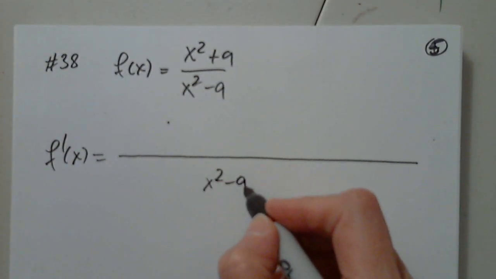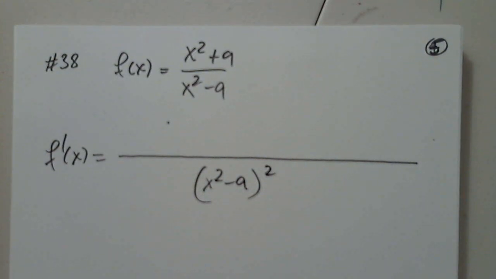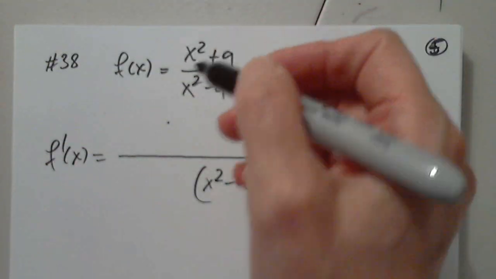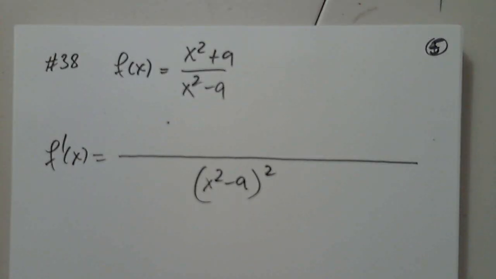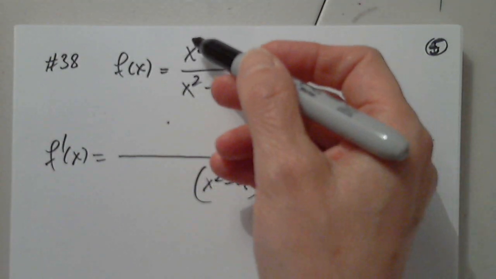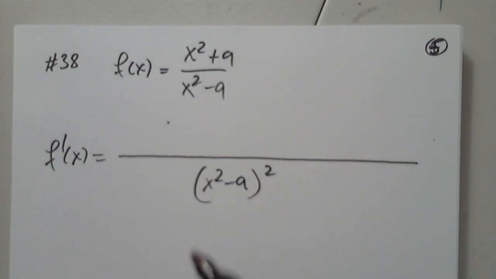So I have x squared minus 9 squared in the denominator. When I square the top, what do I get? Square the top or differentiate? Differentiate, I meant, of course.